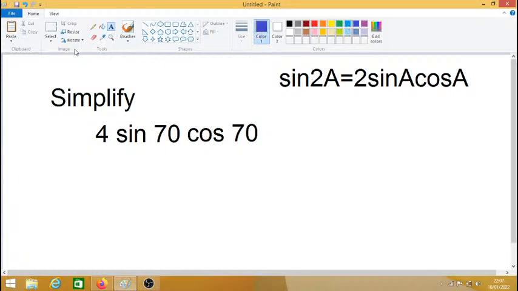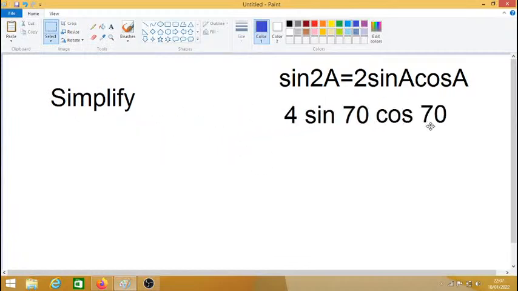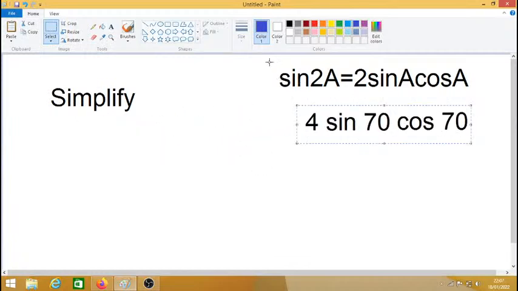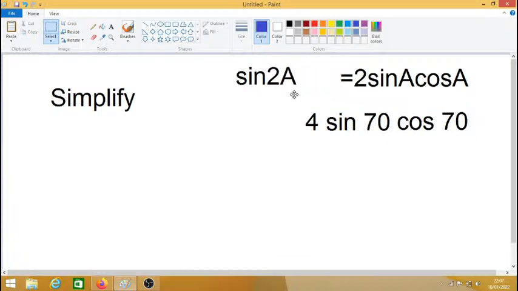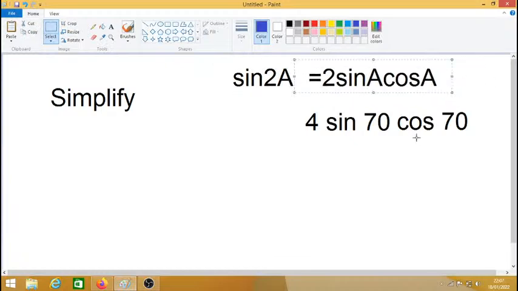So let's write that and see how that compares. Sine 2a is equal to 2 sine a cos a. The sine 70 cos 70 looks definitely like the sine a cos a, but I've got a 2, not a 4. So I probably just want to change that.